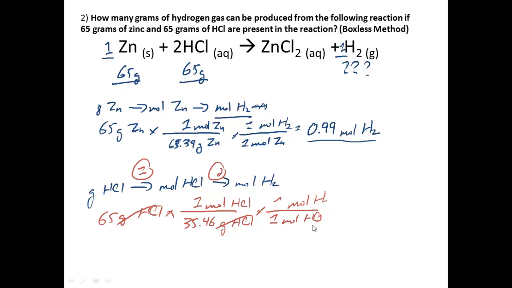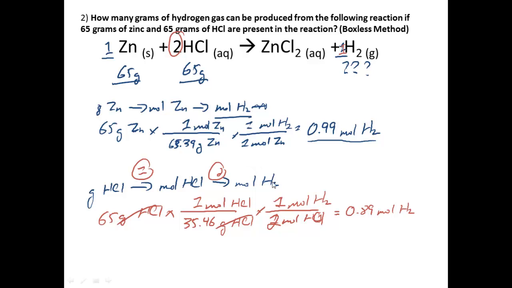So I might have gotten a little bit ahead of myself. There are 2 moles of HCl per every 1 mole of H2, because that's how they're related in the chemical reaction. I need 2 moles of HCl to produce 1 mole of H2, and as we saw in the last problem, this gave me about 0.89 moles of H2.